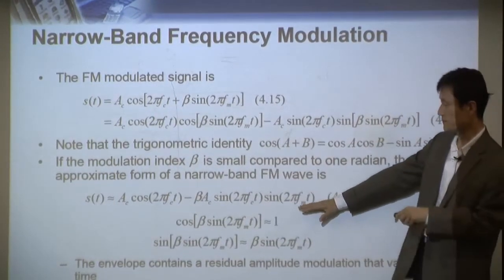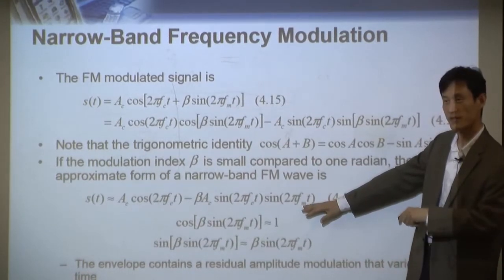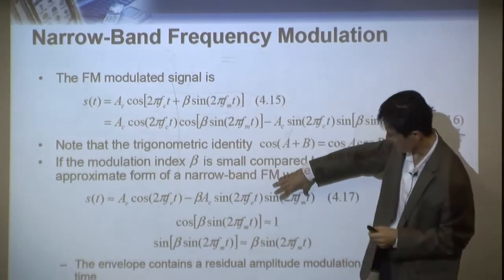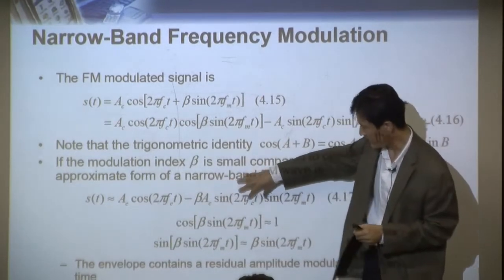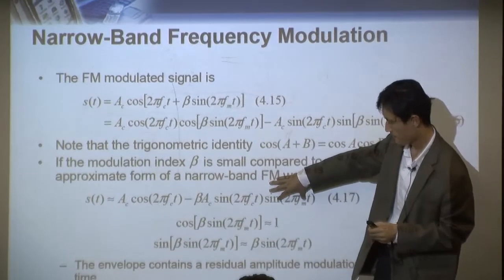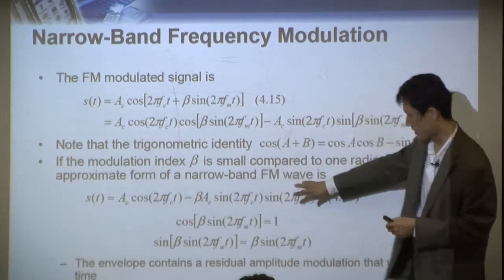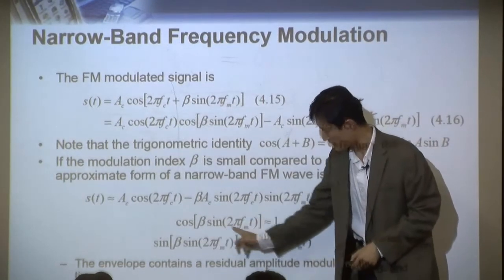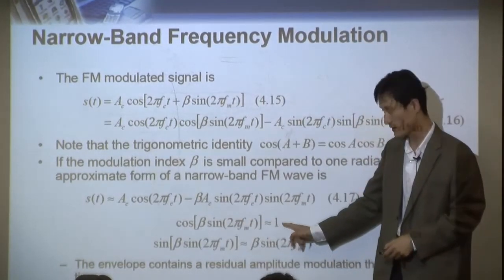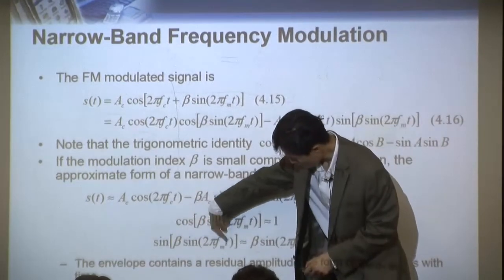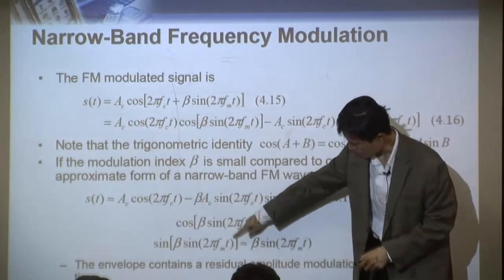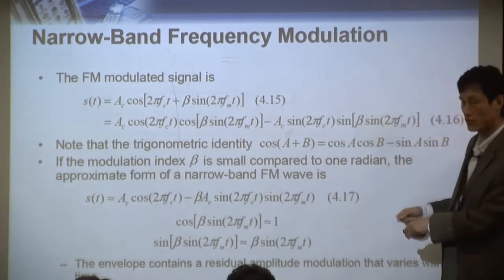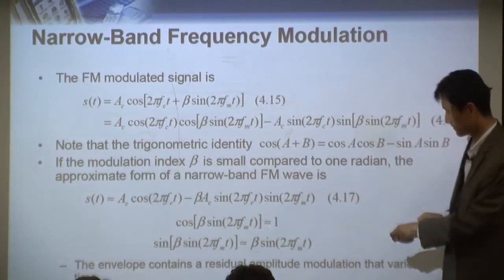Once we have this equation, you see that it is sine times sine, like sine A times sine B. By the way, these are approximations: cosine beta something is approximated to 1, and sine something is approximated to whatever is inside. That's the approximation I used from here to there.